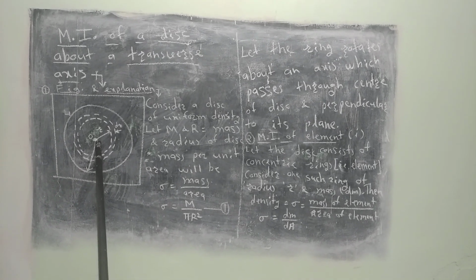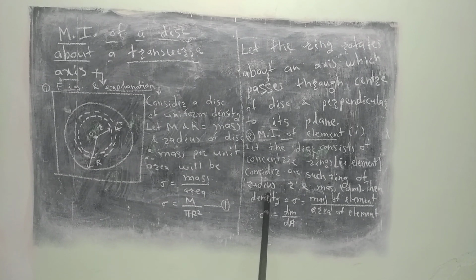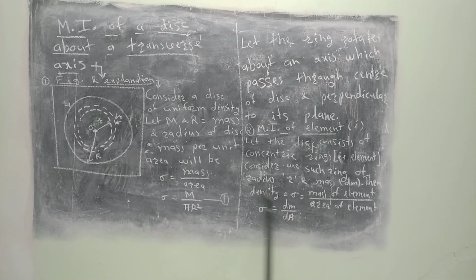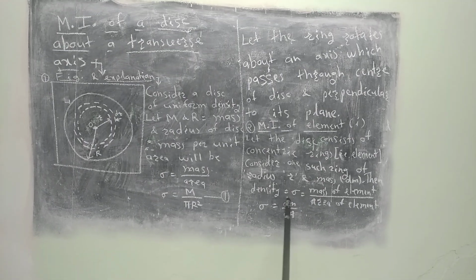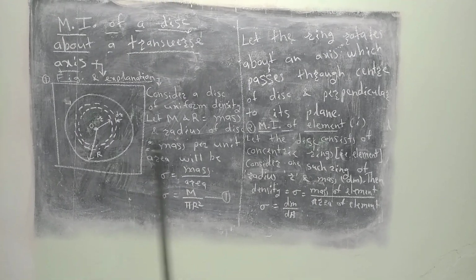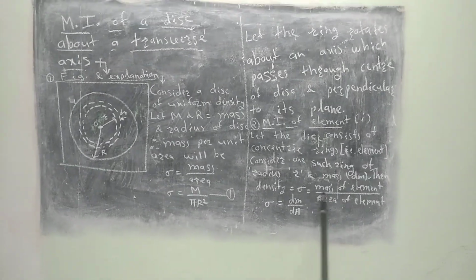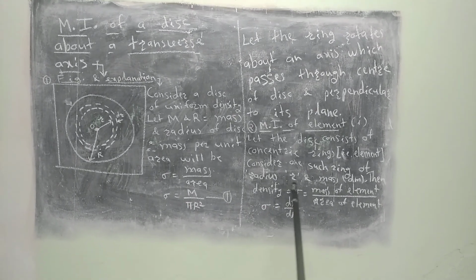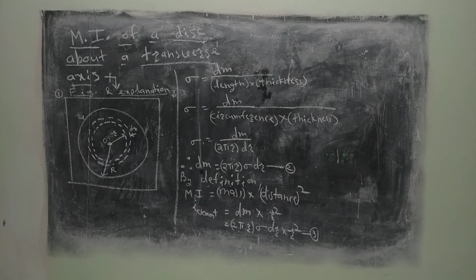So again, by definition, density is equal to the standard formula, mass upon area. In this case, density of the element is mass of element divided by area of the element.